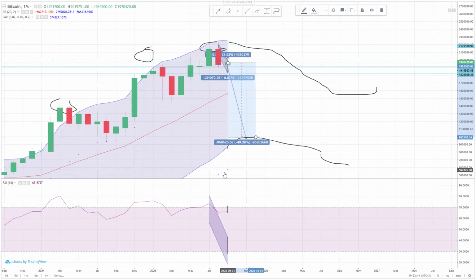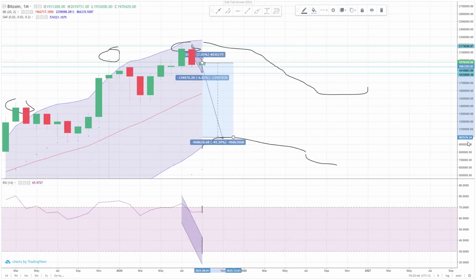So on our parabolic SAR right now we've got our RSI, where the market is telling us we are still too high. We're on 65%. 70% is like this is almost like your safe zone between 40 and 50%.